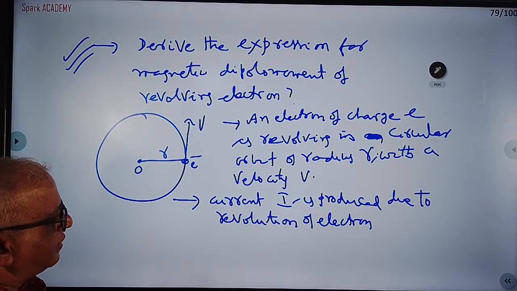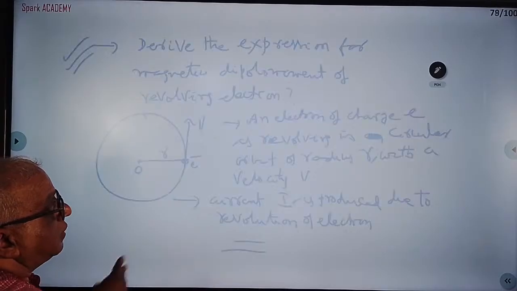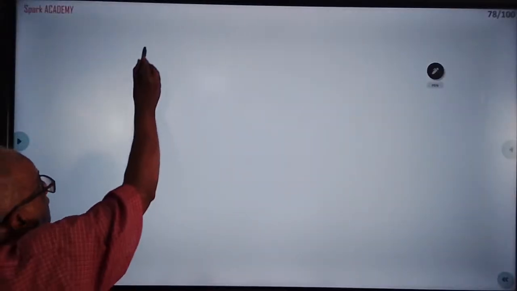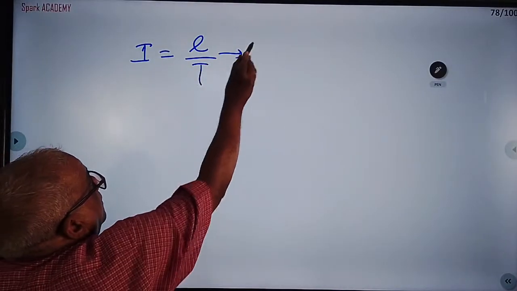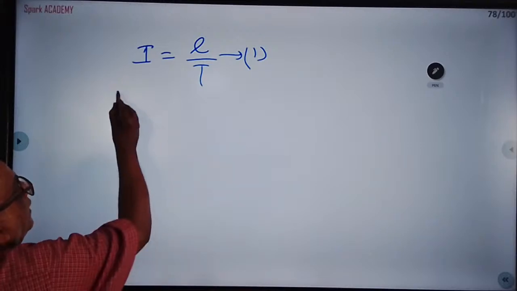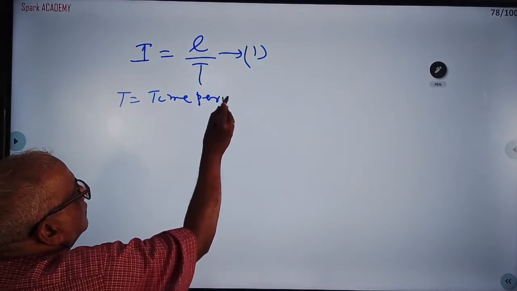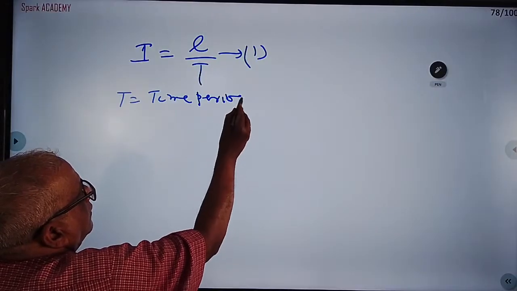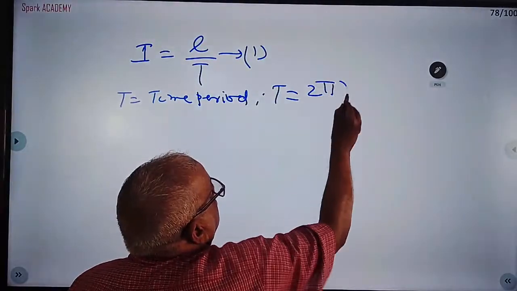By definition, current is given by charge by time period. T is called the time period. Time period is given by one revolution.